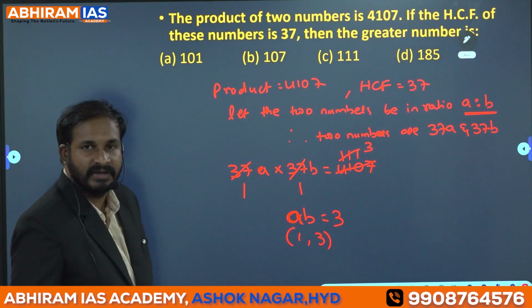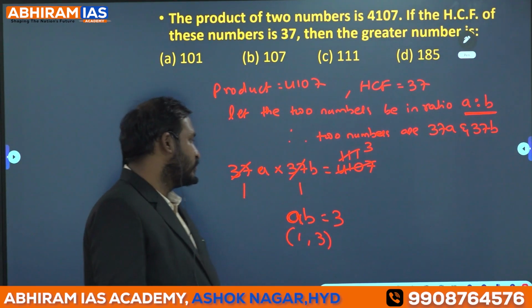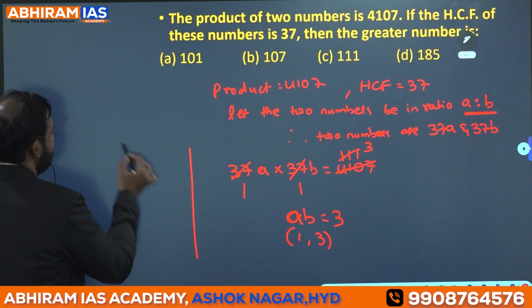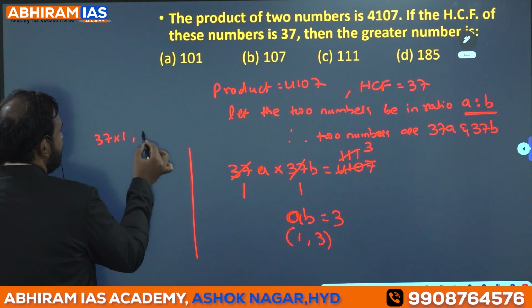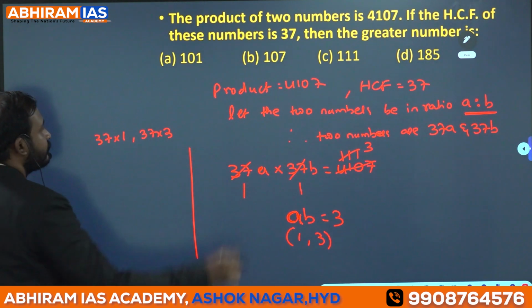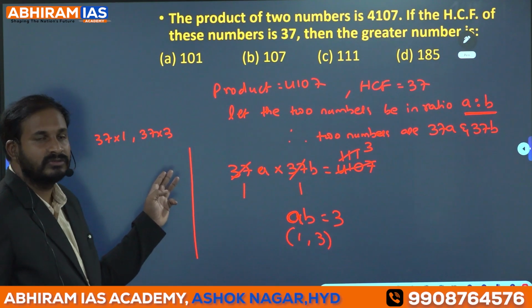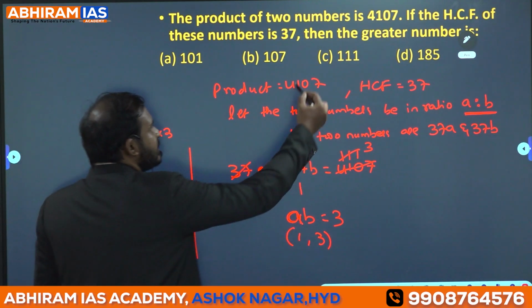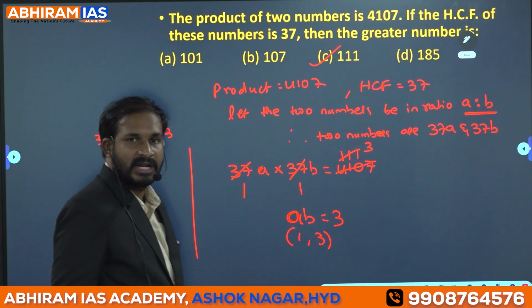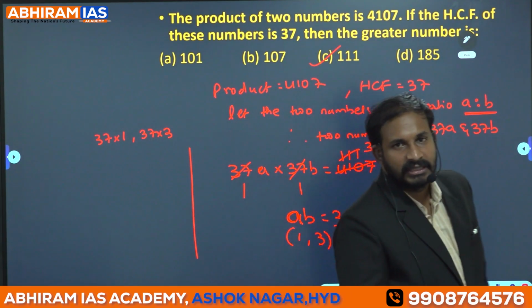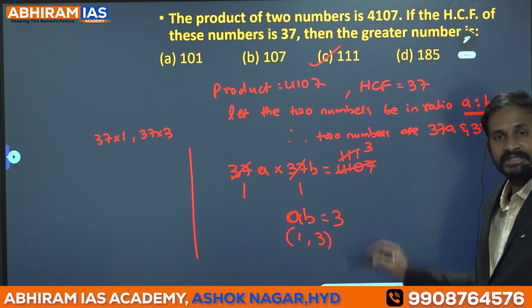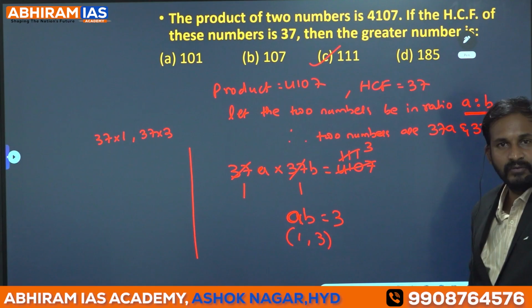Apart from this, do we have any other choice? No. So one number will become 37 into 1 and the other number will become 37 into 3. Which one will be greater among these two? 37 into 3. So our answer here becomes 111. That is the reason students, you should know this relation: product of two numbers is equal to product of their LCM and HCF. That is one thing.